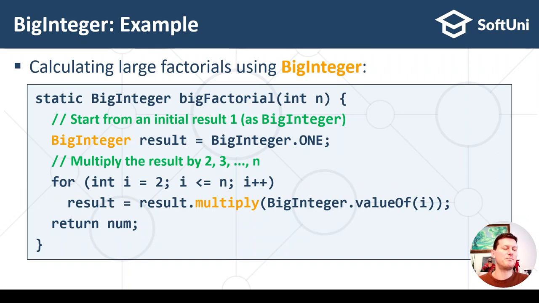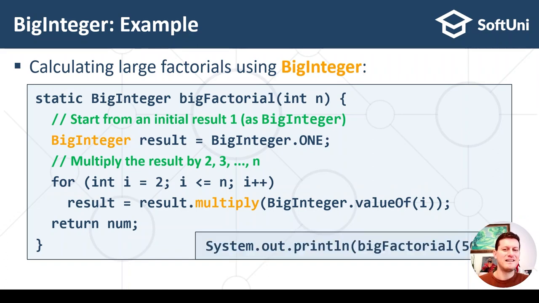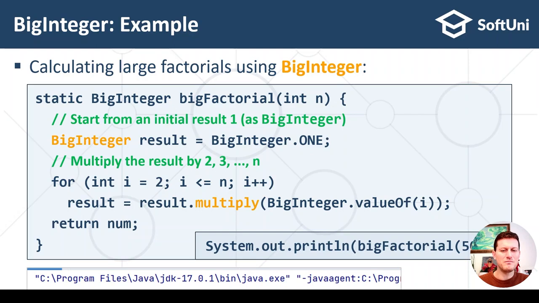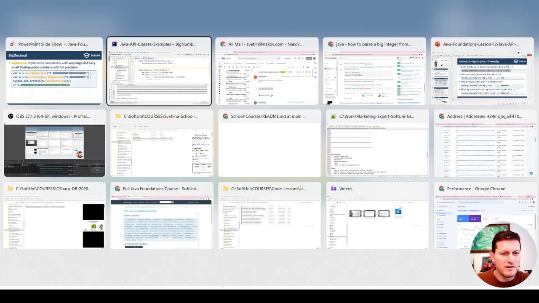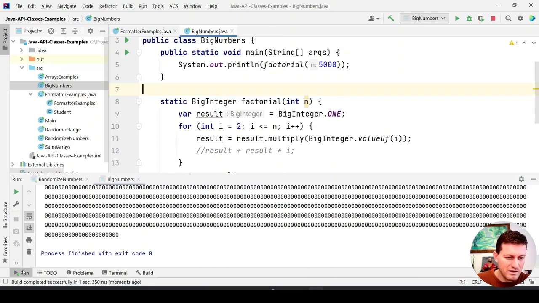This was the easier part using BigInteger. Now the more interesting part is using BigDecimal. Why is it more interesting? Because working with decimal numbers is a challenge in computer science, not only in Java. Let me show you why.